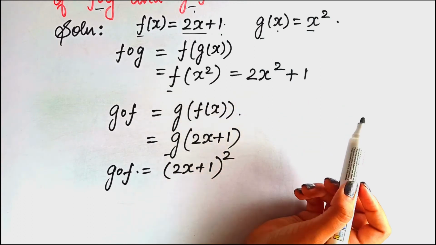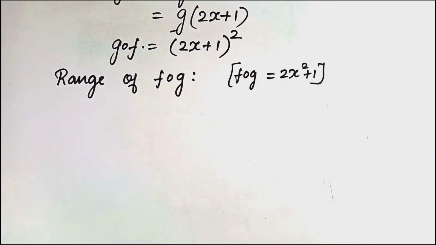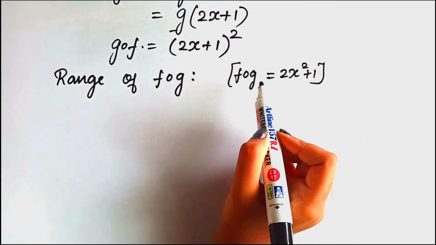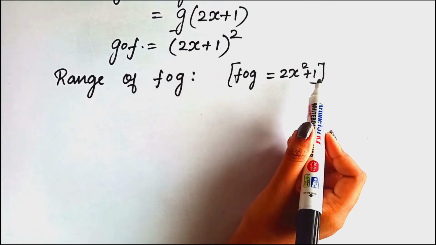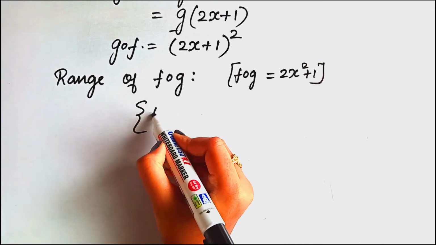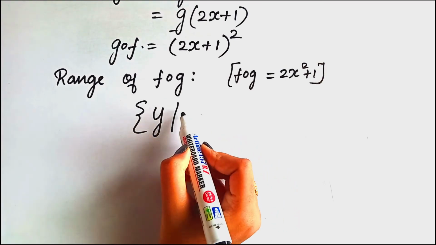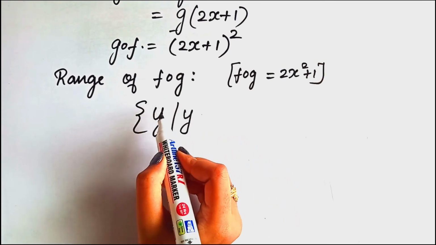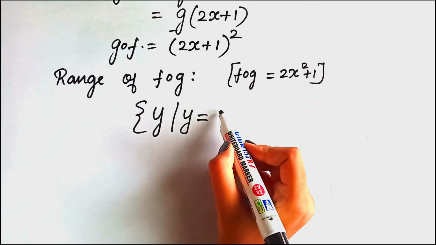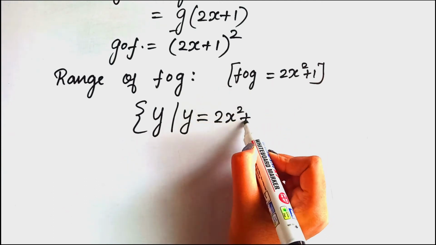Now we have to find the range of f dot g and g dot f. For finding the range of f dot g, which we just found is equal to 2x square plus 1, we are going to write flower braces with y, taking the range as y, such that we have to describe what y is. So y is nothing but our answer for f dot g, which is 2x square plus 1.